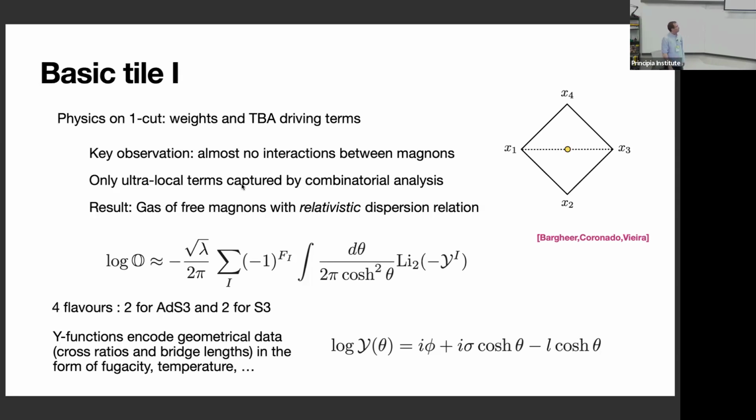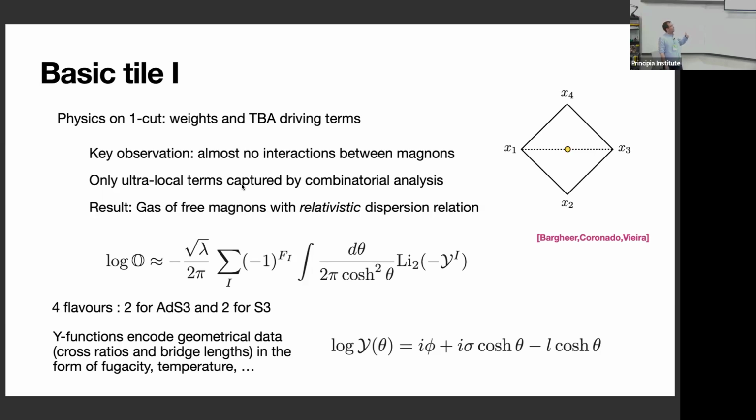Okay, so there are essentially 4 flavors in the game here, which are just counting degrees of freedom for the fluctuation of a string in AdS5 times S5, so 2 for AdS3, 2 for S3, and so on. And these Y functions that show up in the analysis are just encoding the geometry of the problem.